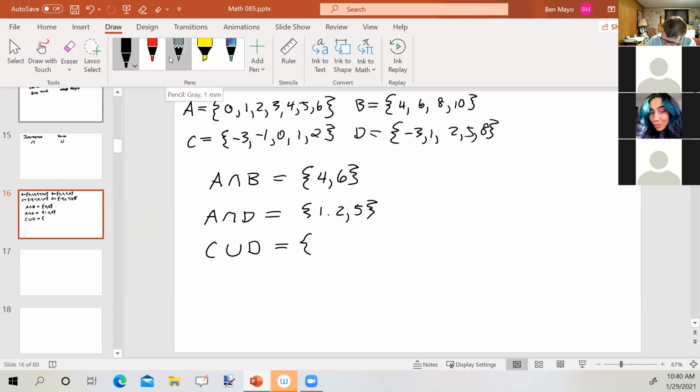You listed some there that aren't there. Oh, it's for C, and I was looking at A. I know you were, okay. So give them to me in order. Okay, so -3, -1, 0, 1, 2, 5, and 8.